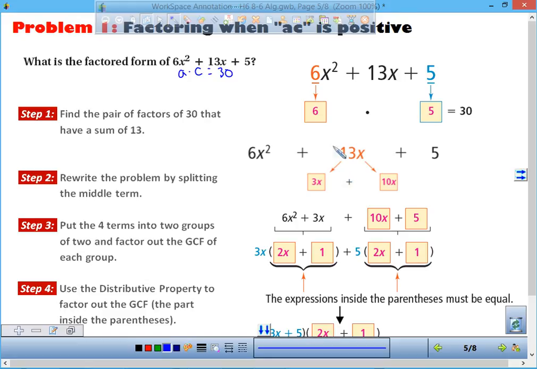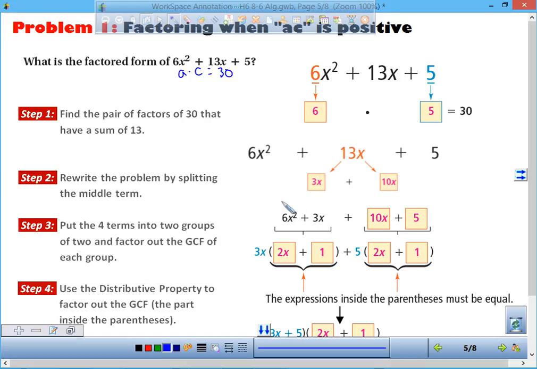Okay? And now that I split the 3x and 10x, I rewrite the whole thing. 6x squared plus 3x plus 10x plus 5. After that, I factor by grouping. I'm going a little bit quickly through this, but I'm going to do a couple more with you.